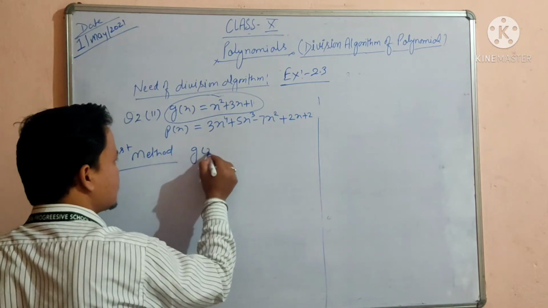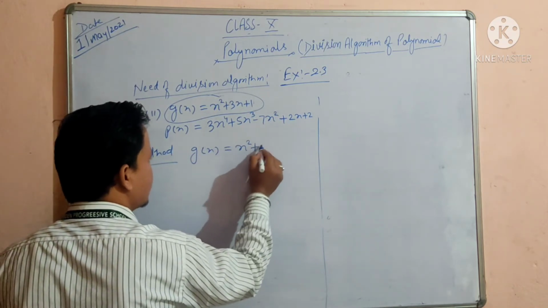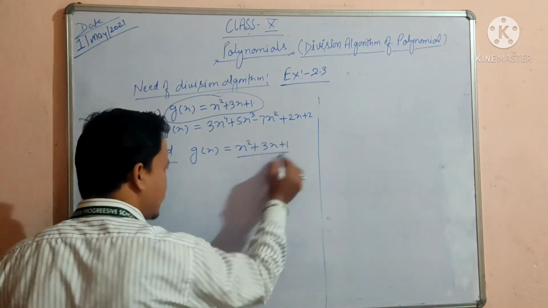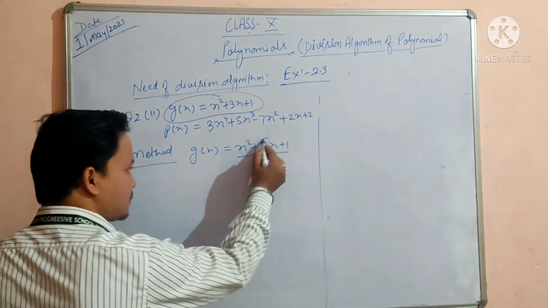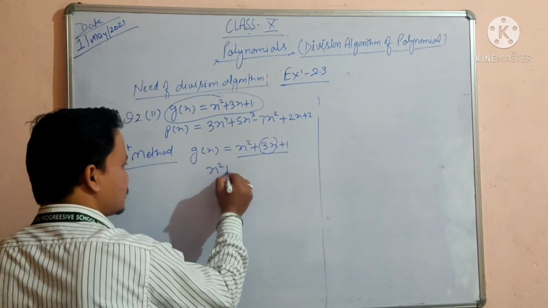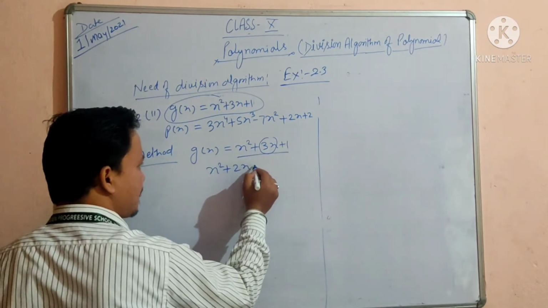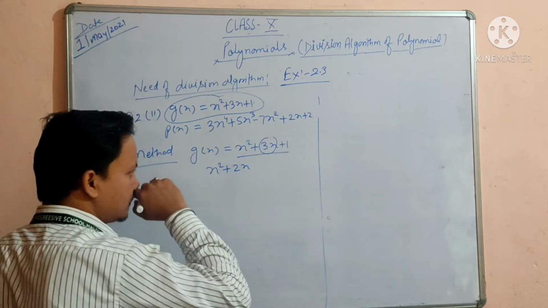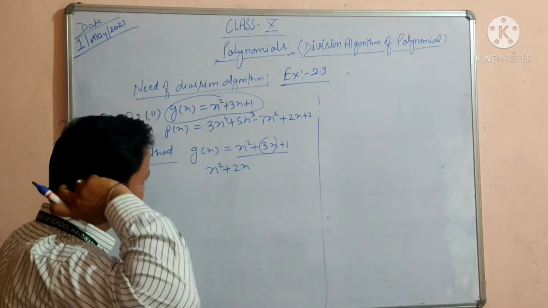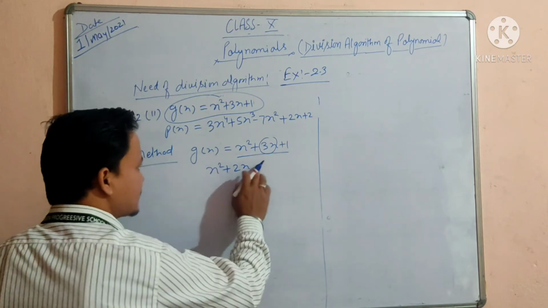So gx is given as x square plus 3x plus 1. So we have to factorize it and find the zeros of this particular polynomial. So on splitting the middle term, we get x square plus 2x... so the factors will be 2x, 3x minus x.